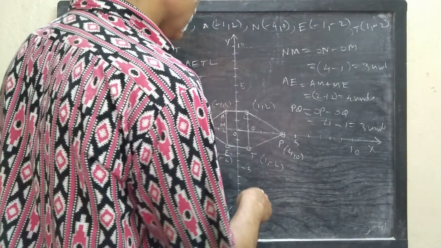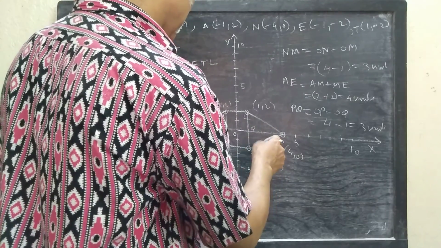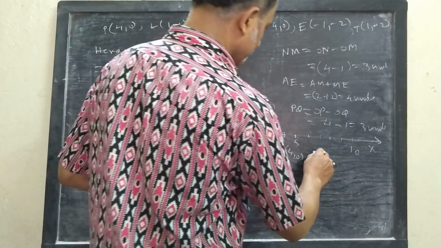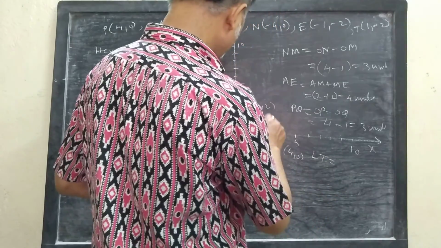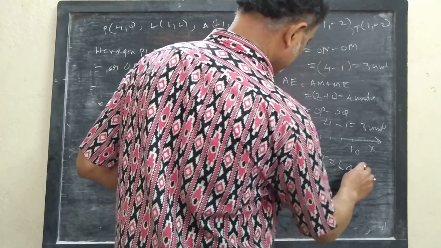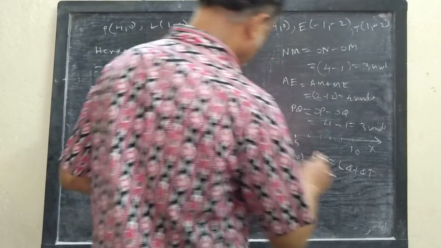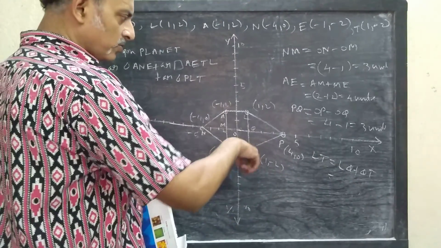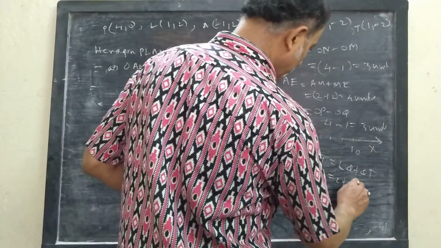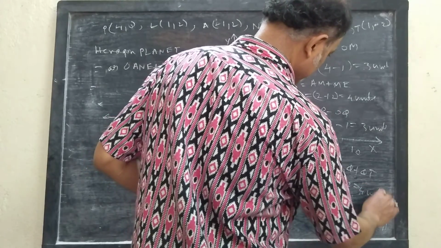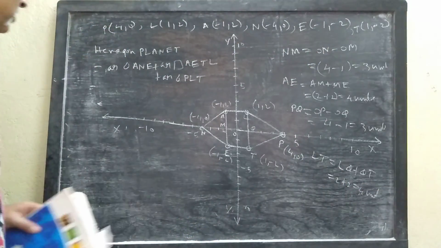Next, LT. LT is LQ plus QT. What is LQ? LQ is 2. This is also 2 units. So 2 plus 2, 4 units. Calculated all this.